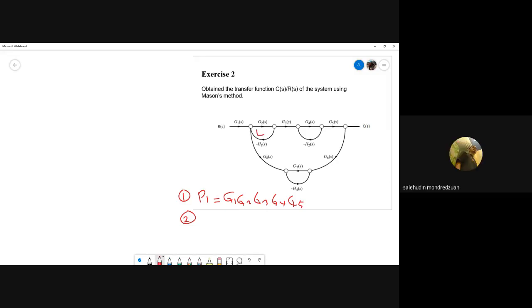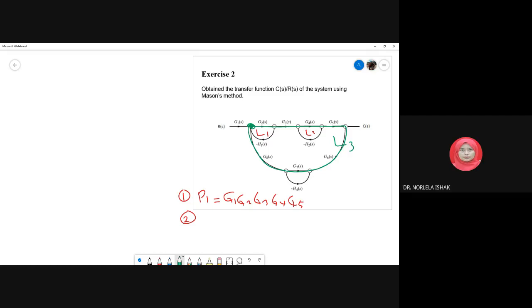G2, H1. Okay, G4, H2. Betul, okay, lagi? G2, G3, G4, G5, G6, G7. Start kat sini, we go the other way, lepas tu kita macam ni. Okay, this is our L3.